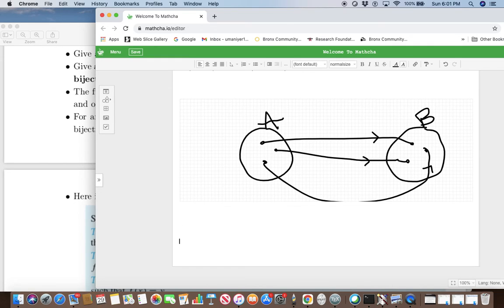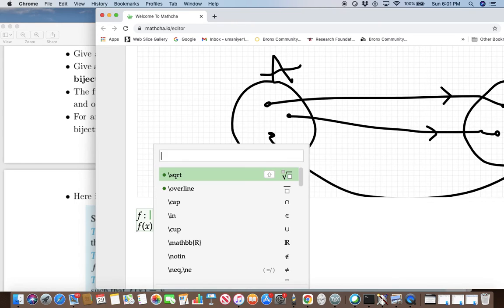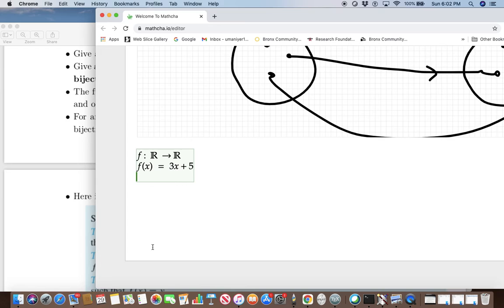In a more familiar example, suppose your function f is from the set of real numbers to the set of real numbers given by f(x) equals 3x plus 5. You know this is a linear function. In other words, positive slope, so it's a rising line.